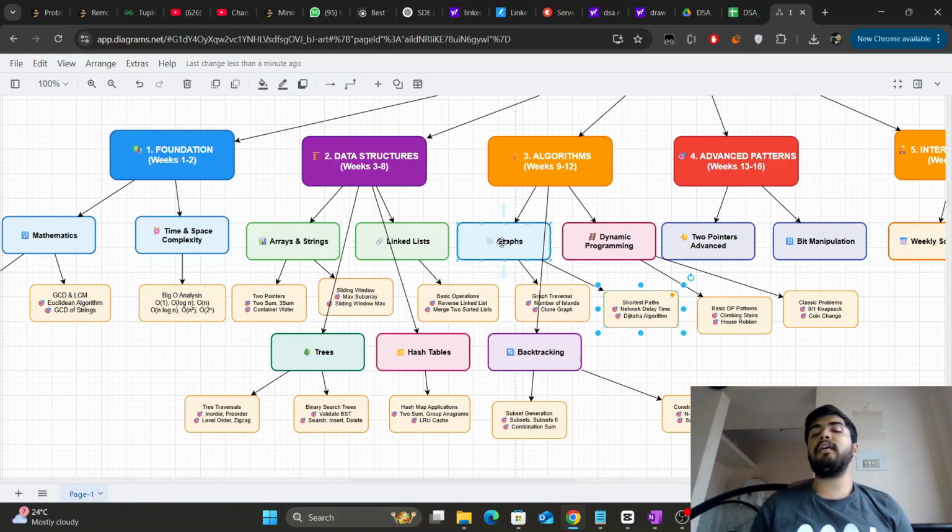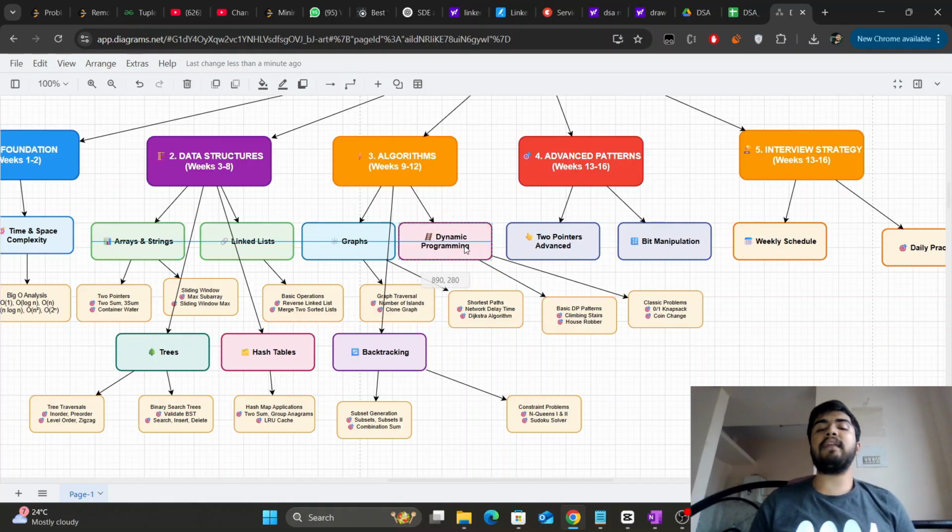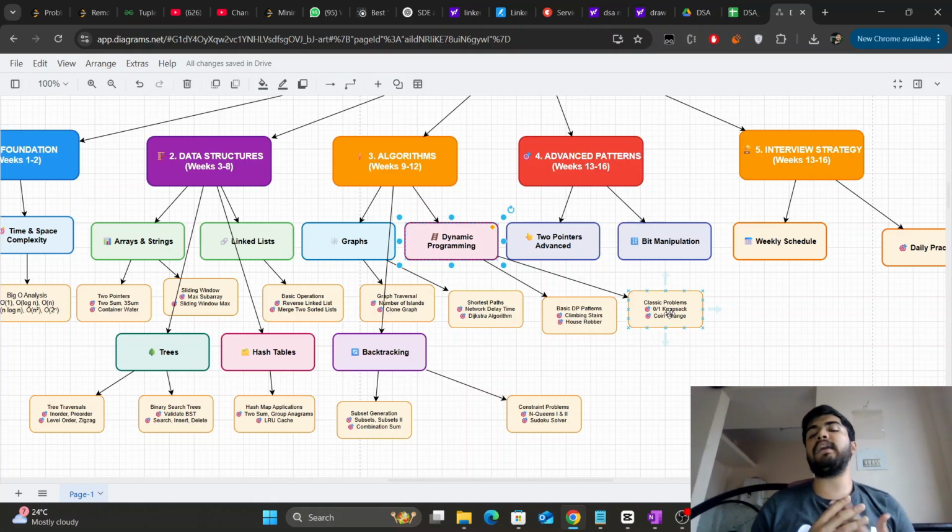Then we have dynamic programming, that is DP. On DP, the first pillar is basic DP patterns, climbing stairs, house robber. This is a kind of 1D DP. And then we have some classic problems that are very commonly asked, that is 0-1 knapsack, coin change.